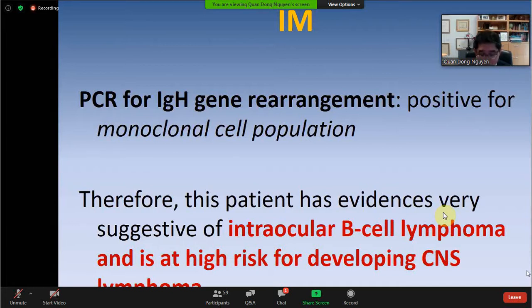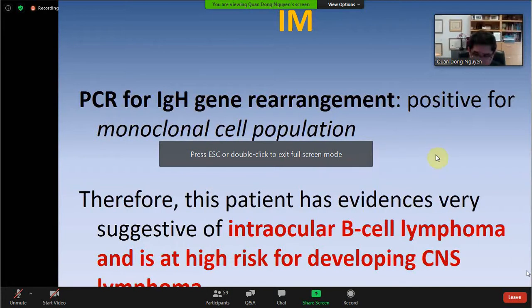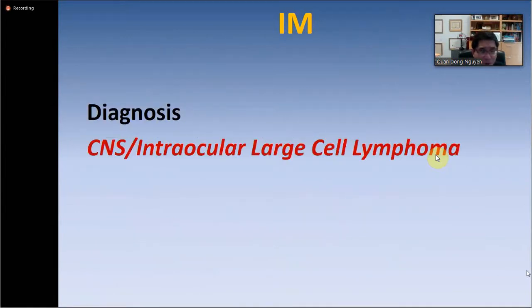In that percentage, it is when we as ophthalmologists make the diagnosis of lymphoma and then activate the whole medical team that includes oncologists and others, because we know that a patient with intraocular lymphoma will very likely develop CNS lymphoma. So that's our concern. We make a diagnosis of CNS and intraocular large cell lymphoma for this patient. It's a very unfortunate diagnosis, but at least we make it, and we would like to be active as soon as possible to be able to control the disease.